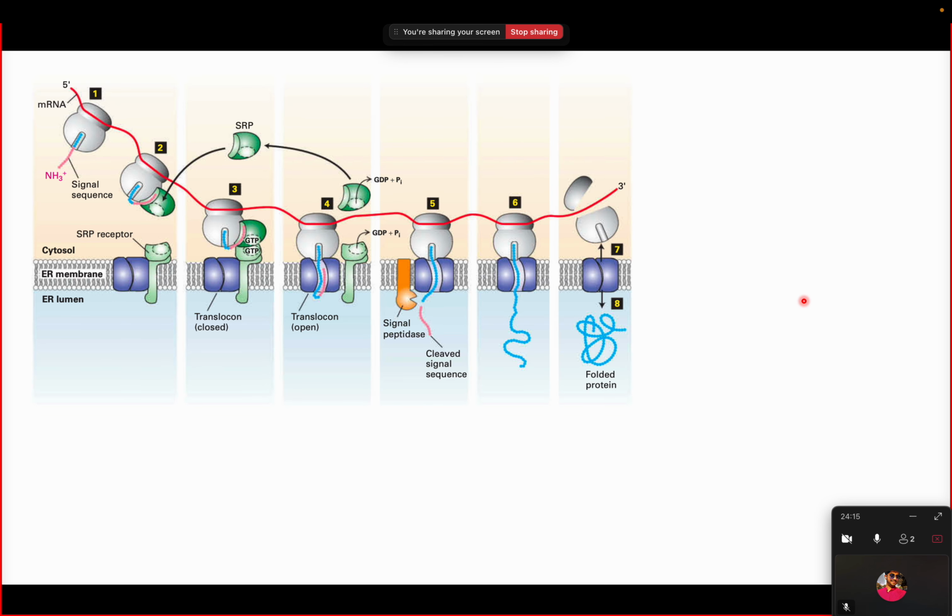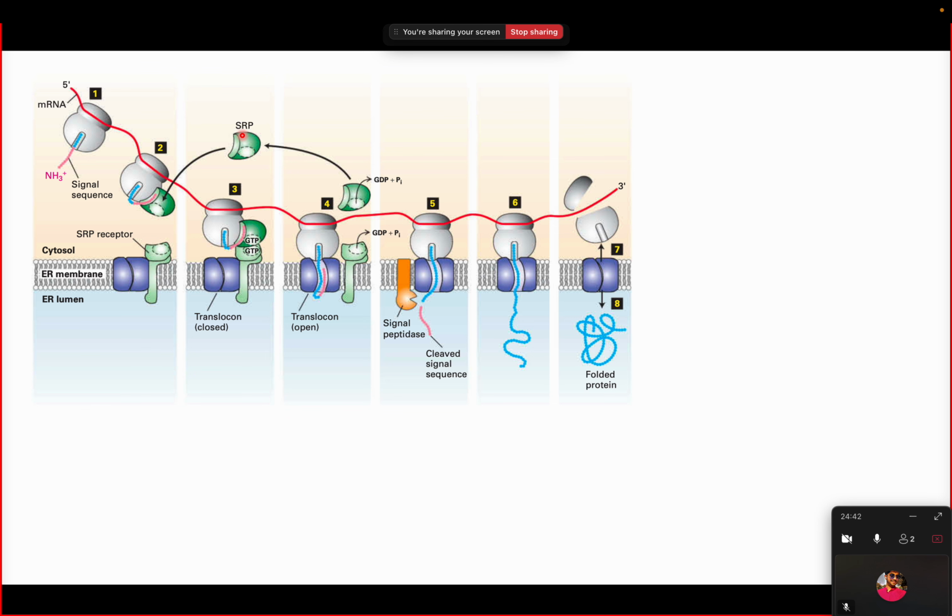So again this is another simplistic way of showing the same thing which we are saying. The thing which we were talking about, the soluble factor, or the binding protein or the binding particle, now we know it is called the SRP, signal recognition protein. This signal recognition protein basically recognizes the mRNA and translating protein complex.